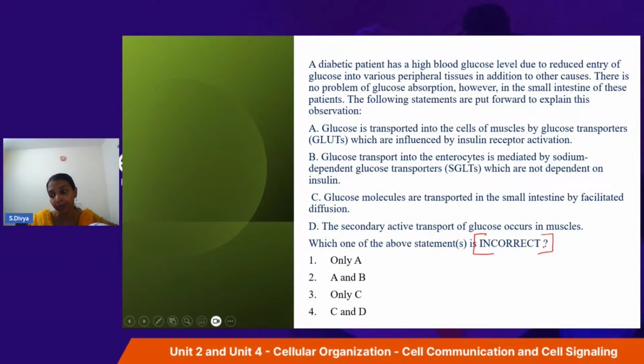Find out the incorrect statements from here.